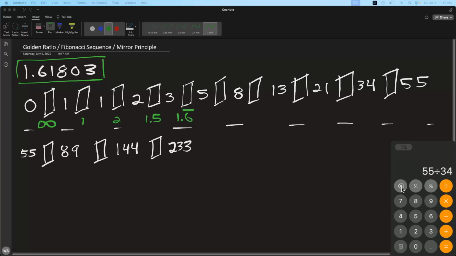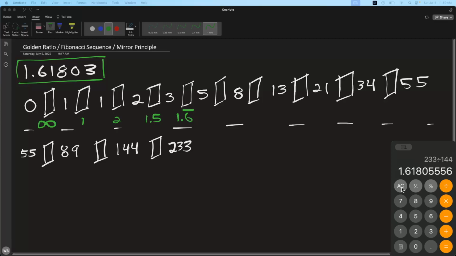So if you continue doing this, 55 divided by 34, excuse me, 89 divided by 55. Look, we've arrived. 1.61818. It's not 03, but let's do the last digit. 233 divided by 144, 1.61805.